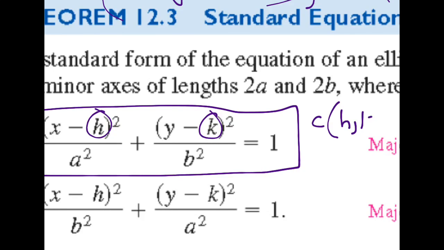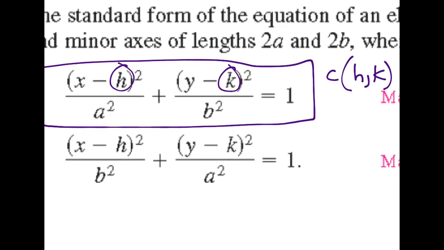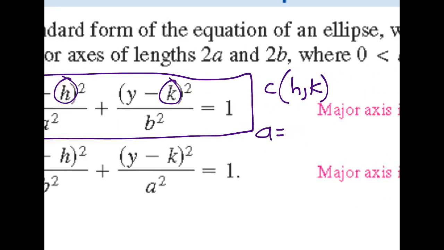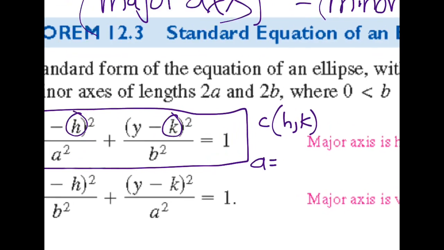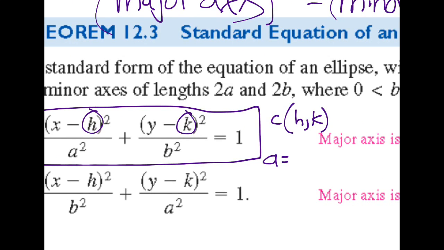So it's going to be H comma K. We know that A is going to be half the major axis, the distance from the center to the vertex, and B is the distance from the center to the co-vertex.